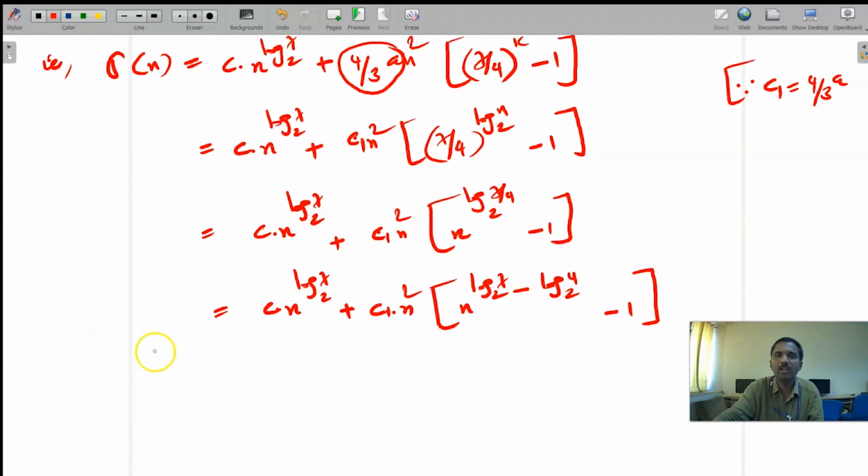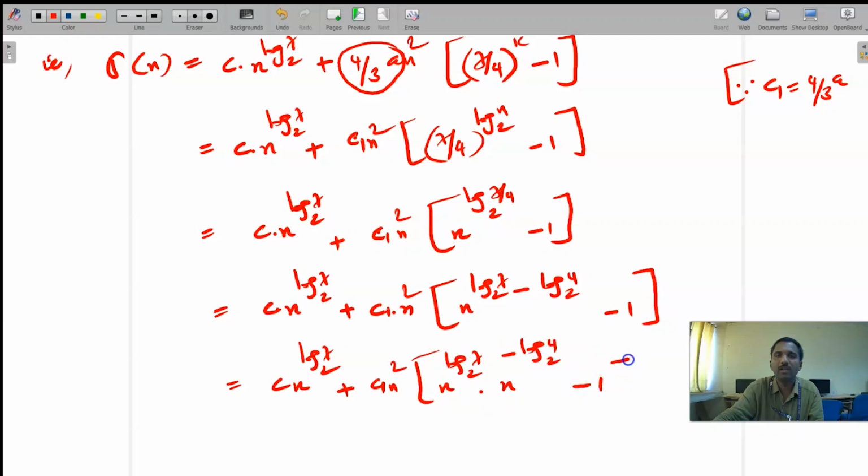Writing the simplification further here, this is equal to c into n power log 7 base 2 plus c1 into n square. This is multiplied with these two terms that we can write as n power log 7 base 2 into n power minus log 4 base 2 minus 1.